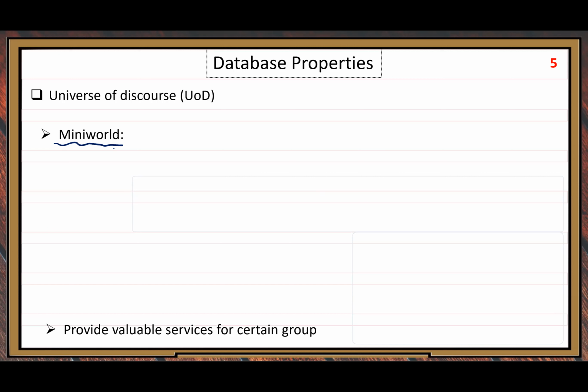We only focus on the related part, related to our business, that mini world. That's the same thing as the universe of discourse. So for our project, it represents some aspect of the real world, part of the real world.